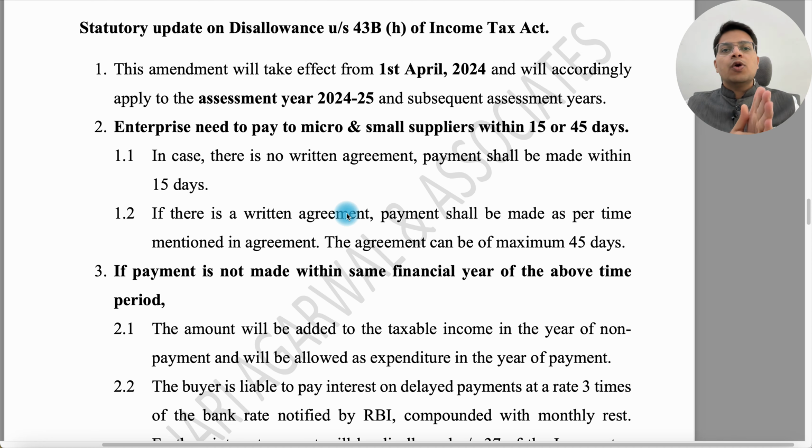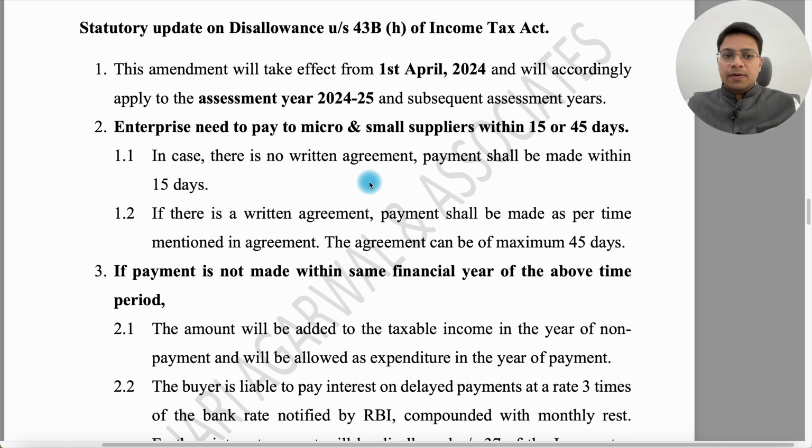So to identify the due date as per the MSMED Act, we are checking out of those 20 suppliers which we have shortlisted, with how many suppliers we have a written agreement regarding the terms of payment, and for how many suppliers we don't have any agreement. In case we do not have any agreement, then the payment shall be within 15 days.